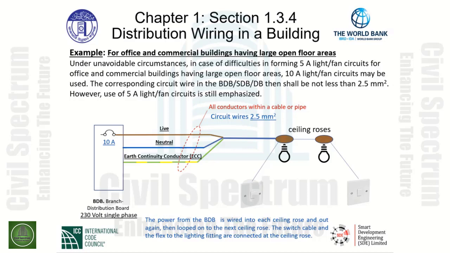The circuit wires indicated here are 2.5 square millimeter, and it feeds ceiling roses, where we have the looping wiring method to supply power and switching for the switches that operate the lights within our commercial buildings.